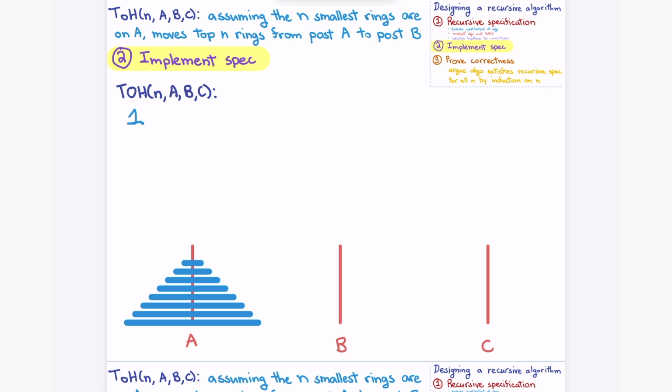Yeah. Okay. If n is 0, what should I do? Great. Return. Okay. Sure. Okay.